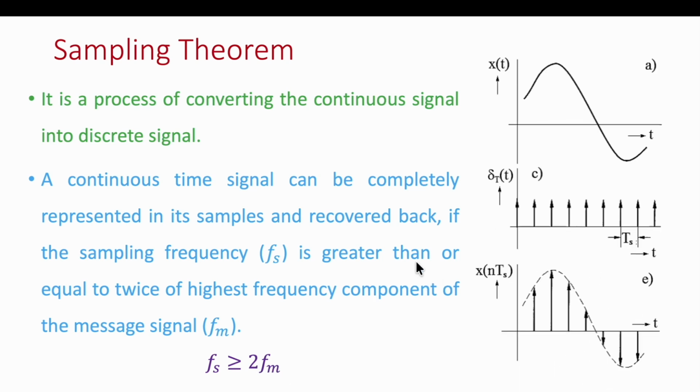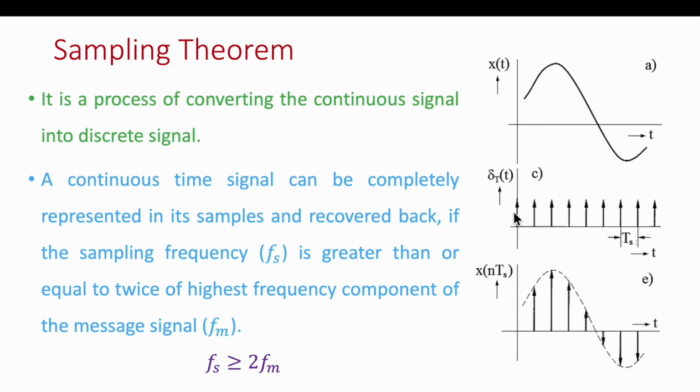Sampling is usually required in order to convert the analog signal or the continuous signal into the discrete time signal. For example, if you are given an analog or continuous signal, like this sine pulse, where the x-axis is time and the y-axis is x of t, and you have to convert that signal into a discrete time domain signal, then you have to multiply that signal with the pulse train.